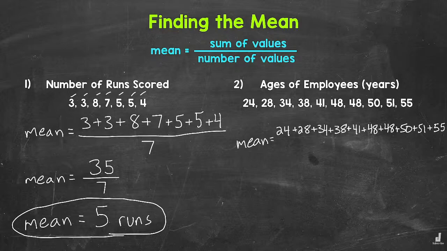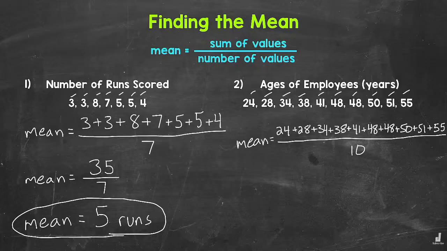And then we need to divide by the number of values. We have 1, 2, 3, 4, 5, 6, 7, 8, 9, 10. So let's divide by 10.